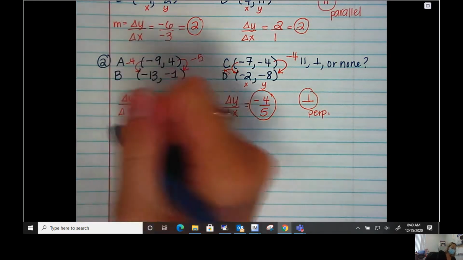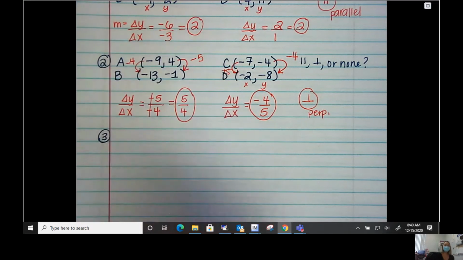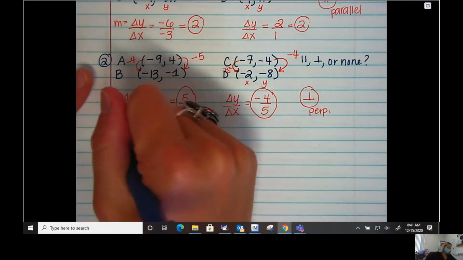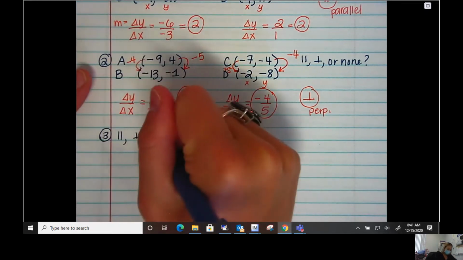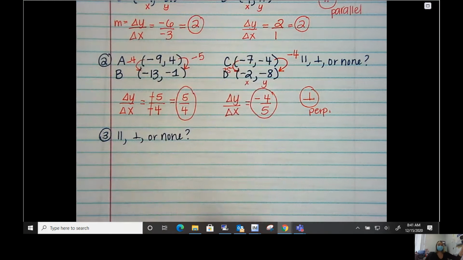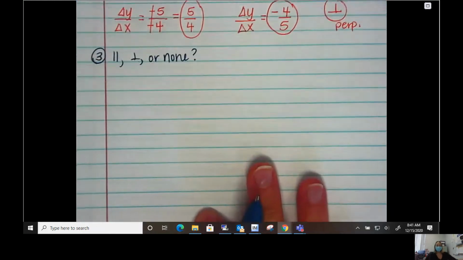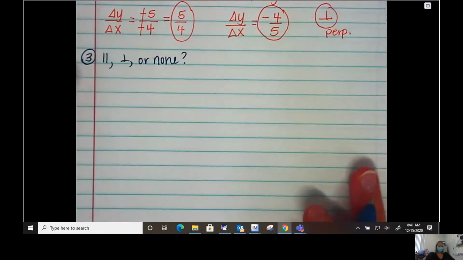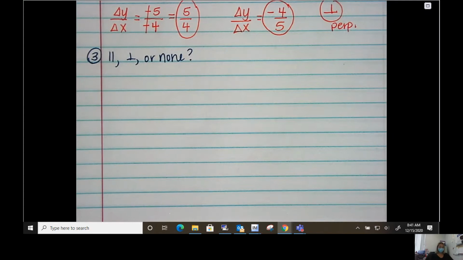All right, number 3. Now, instead of me giving you points, this time I'm going to give you 2 equations, and we're going to determine again if the equations are parallel, perpendicular, or neither. Same idea every time. But this one I'm going to give you 2 different equations, and we're going to have to look at the slopes of those 2 different equations.